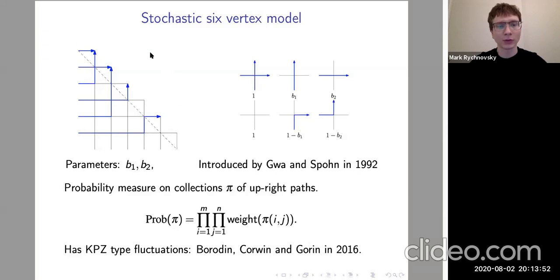I've drawn a possible collection of paths in blue here. And I need to tell you what the probability measure is. So first off, there's a rule that no two paths share an edge. And that means that for every vertex in the integer lattice, the paths can do one of 6 things, shown here.